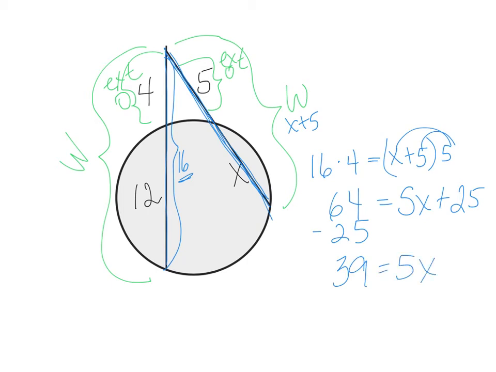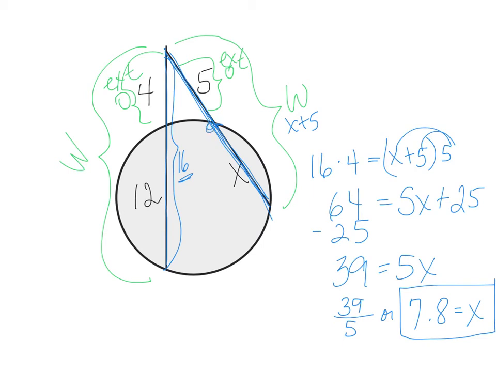And then we're going to divide by 5. We get 39/5, or 7.8 for x.